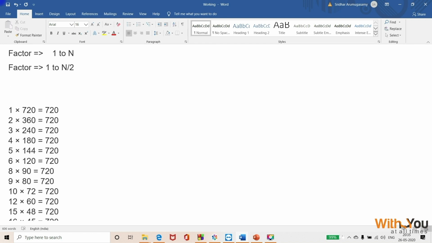So 1 into 720 becomes 720. 2 into 360 becomes 720. Schools have taught us that factors occur as pairs.